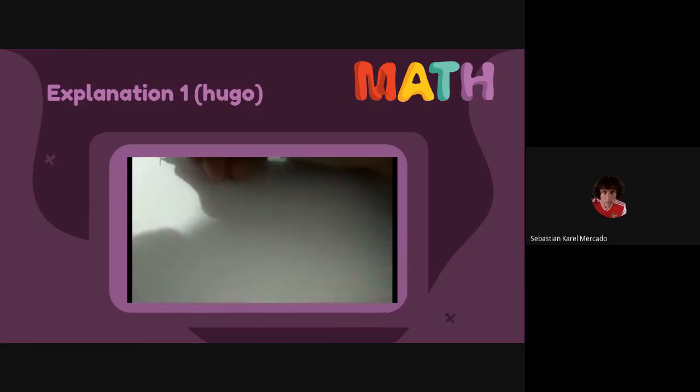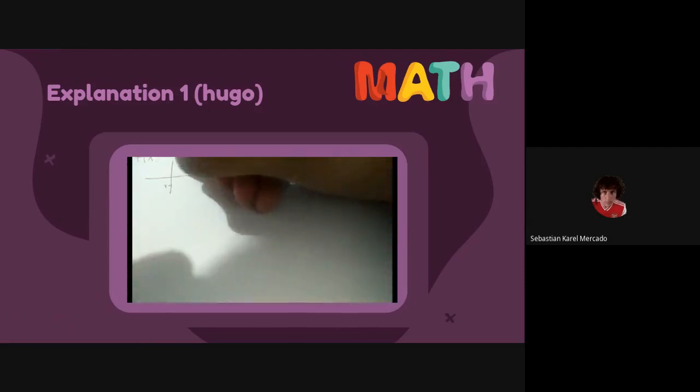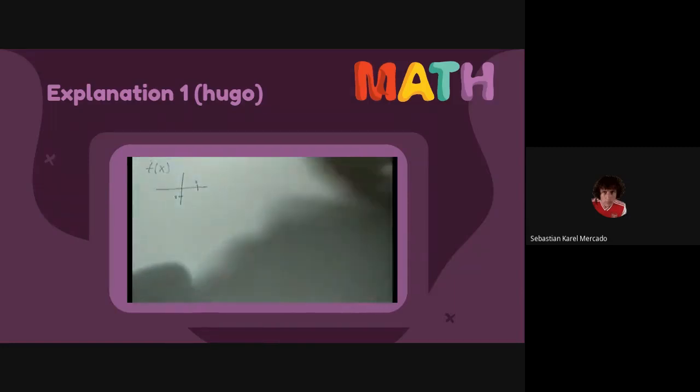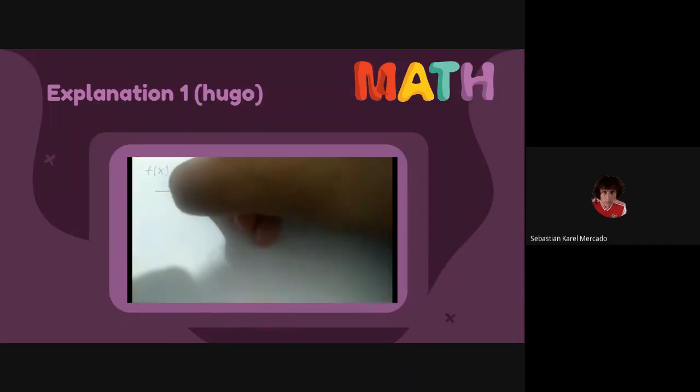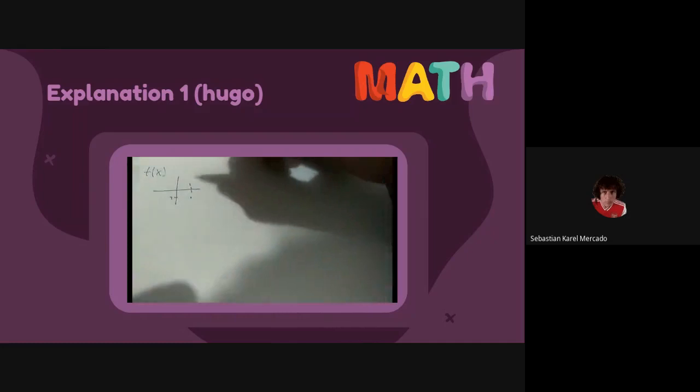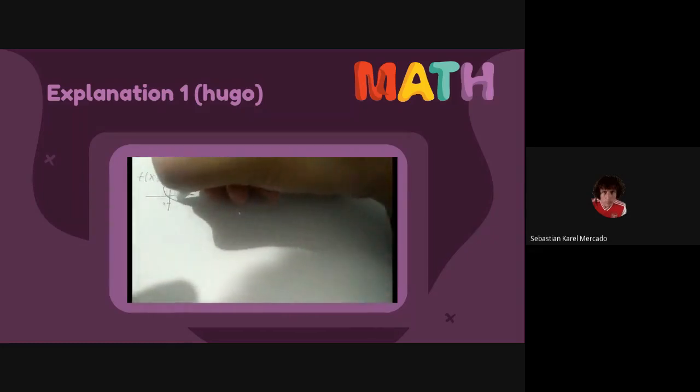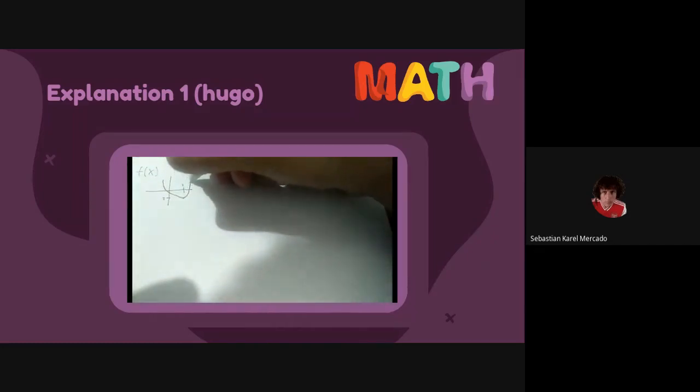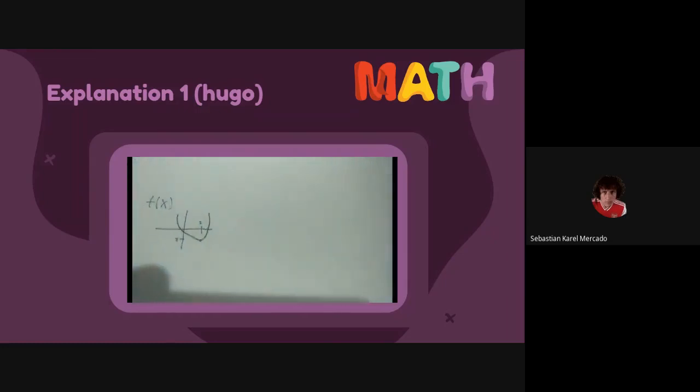This is 2 and this is 2, and it's the original f(x) in this question.